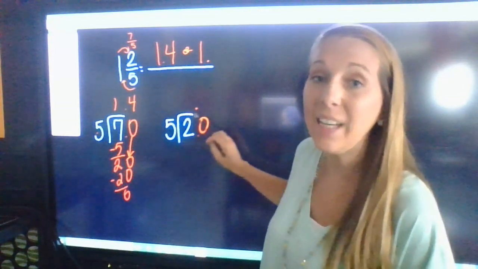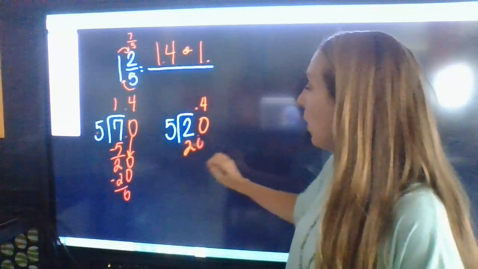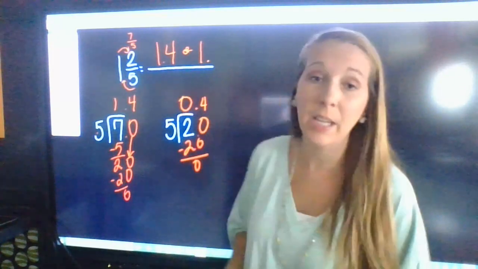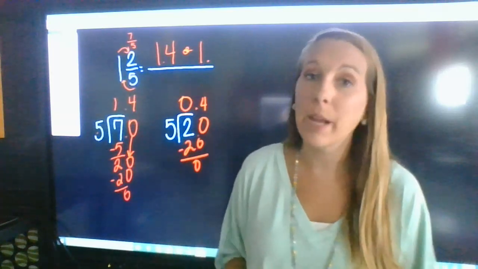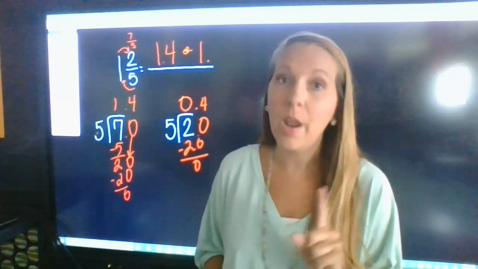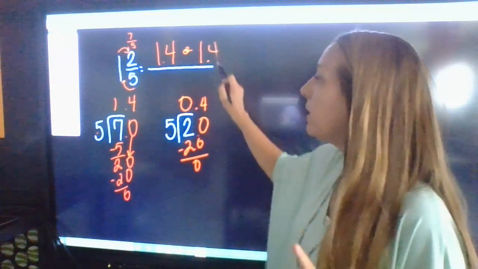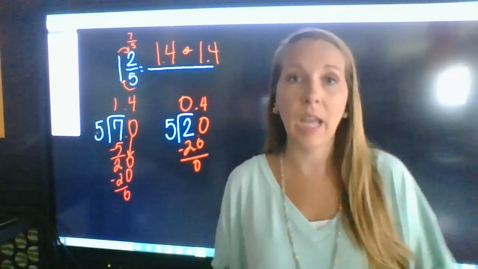Now 5 can go into 20 4 times, so it gives us our 0.4 or 4/10. So again, we normally put a 0 there because that's a place value holder, which is fine. But remember, with this being a mixed number, it already has a 1 for a whole number. So we're just going to take our 0.4 or 4/10 and place it behind the 1. Either way, it's still the same thing.